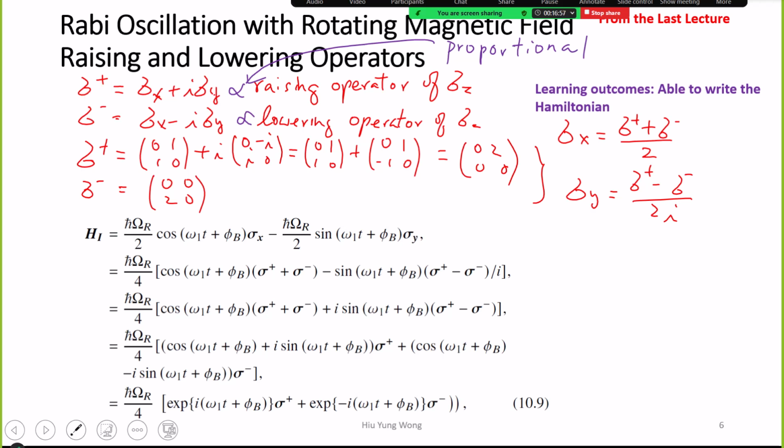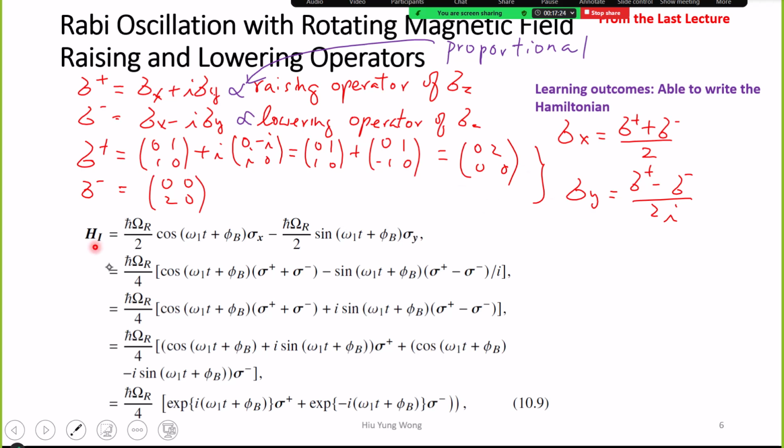They have different definitions, but very similar, okay? So sigma plus is sigma x plus i sigma y, sigma minus is sigma x minus i sigma y. So you go through the math, then you will get this. And then you can represent sigma x and sigma y as this. So you should know how to do this matrix operation, addition of matrices or whatever, if I ask you to do that.